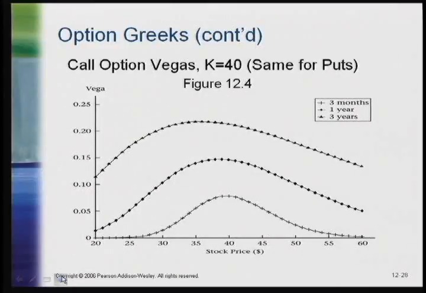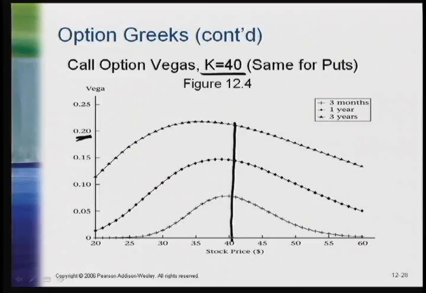Next, if we look at call option vegas, this is the sensitivity. And so notice the units of this. This is 20 cents. So let's do an example. This is again a strike of 40. If the stock price is at 40, let's look at the 40.